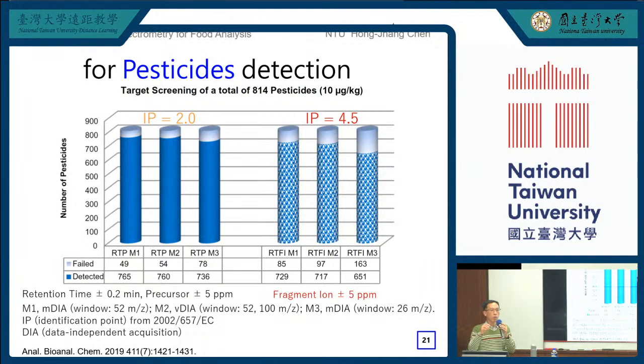But in the world, they have 1,000 or more than 1,500 pesticides in use. So if we could detect more pesticides, maybe it's good, right? So for this experiment, they detect 814 pesticides in a single way using the MS technique.